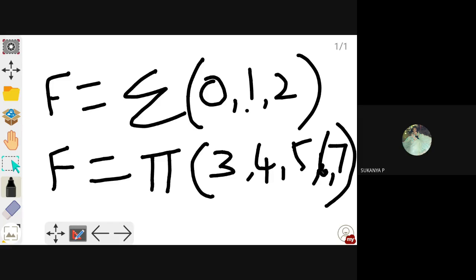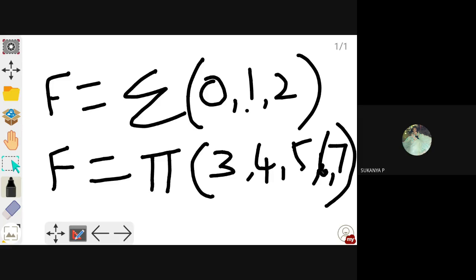From the Boolean expression, you can write the tabulation form. While writing the tabulation form, you have to write the combinations for all the variables, and for min terms you put 1 and for max terms you put 0. That is how you obtain the truth table. From the truth table also you can obtain the Boolean function.